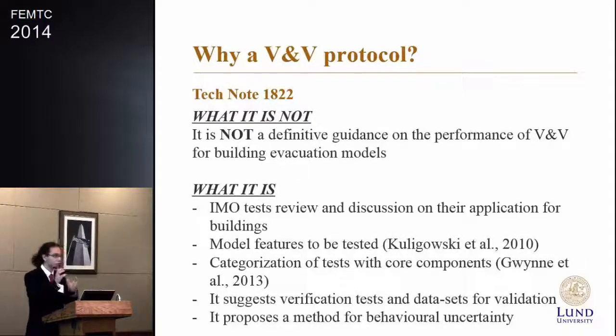And then we structured this in a systematic way, such that the user can say, okay, I need this model for this specific core component that is of primary importance for my study, and you can have a look at all the tests that have been done within the procedure for that core component. So this is another new idea that we brought in this document.